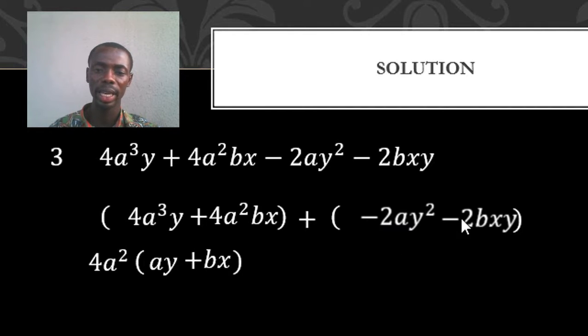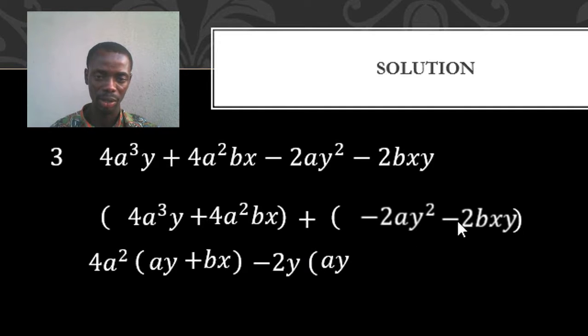What is common here and here? This is a minus 2, this is another minus 2. This is 2y, this is y raised to the power of 2, and this is just y raised to the power of 1. So I can have a minus 2y as the common factor. By the time I'm done dividing, what do I have? I have ay, because this negative cancels out this negative.